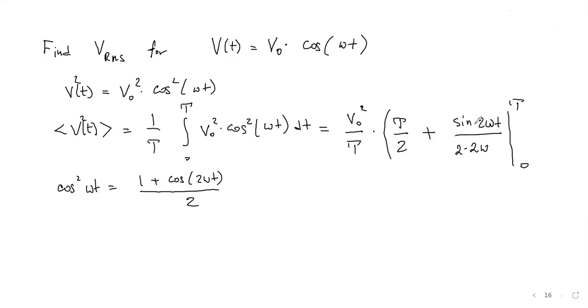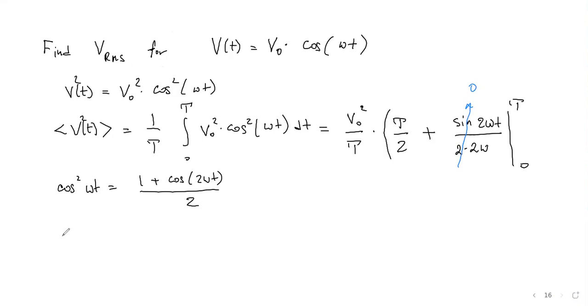But sine function is 0 at the beginning and at any integer periods. It's going to be 0 even if you have half periods. So then the average from cos double omega t is 0. And the average from this 1/2 is 1/2, basically.